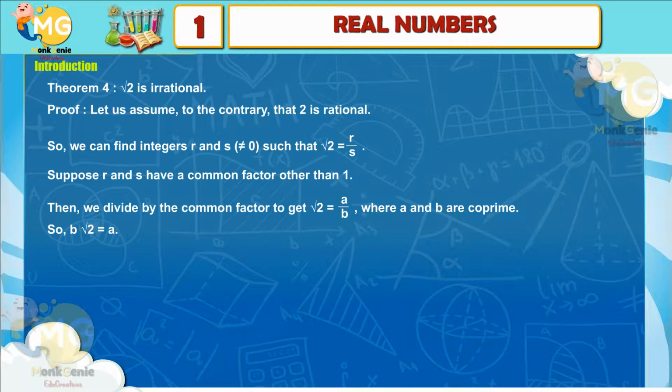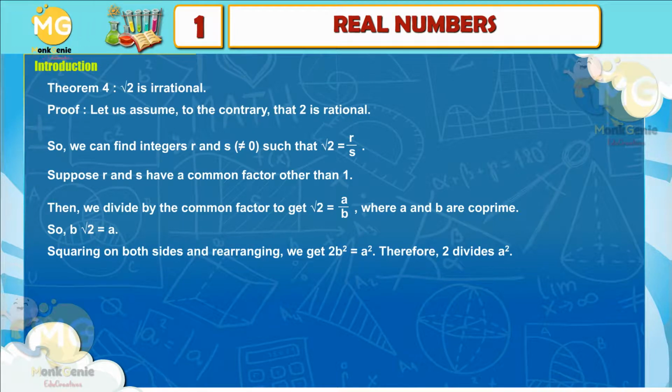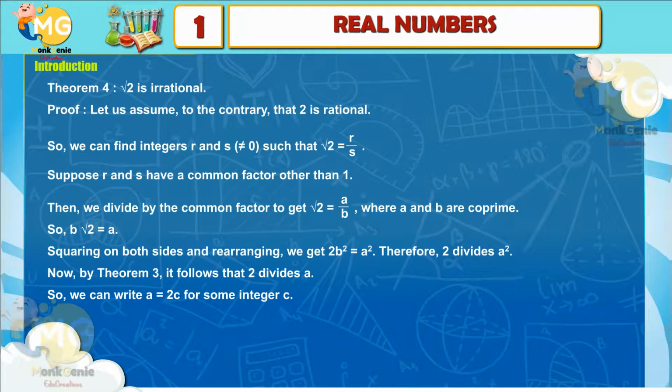So b under root 2 is equal to a. Squaring on both sides and rearranging, we get 2b square equal to a square. Therefore, 2 divides a square. Now, by Theorem 3, it follows that 2 divides a. So, we can write a equal to 2c for some integer c.